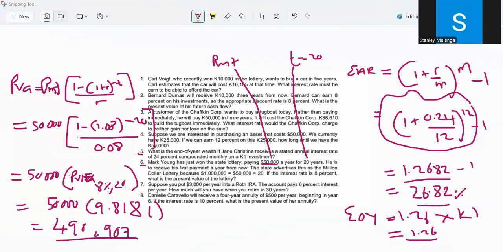So expect this work to be redone by you. We'll continue. Expect this work to be done by you. We'll continue with the loan amortization, and I'll explain annuities further in our next session.